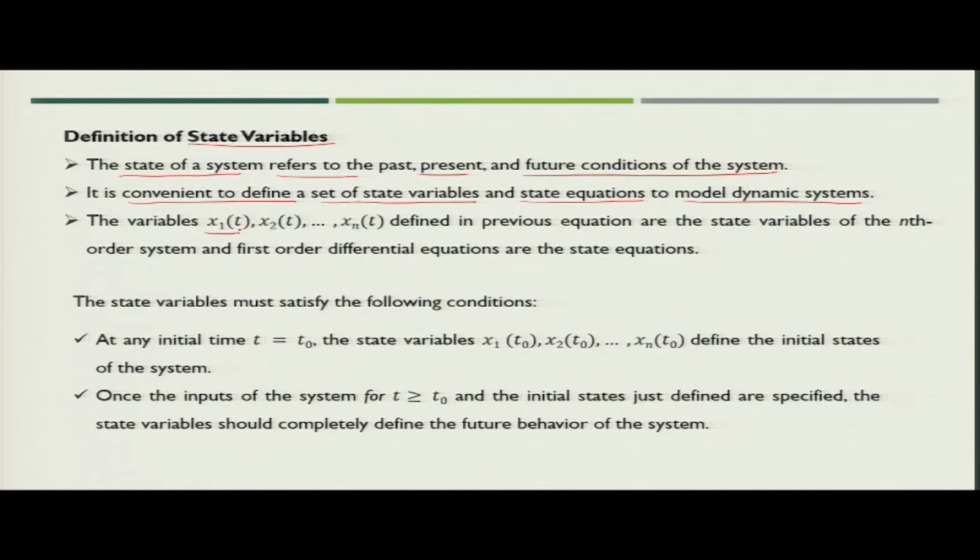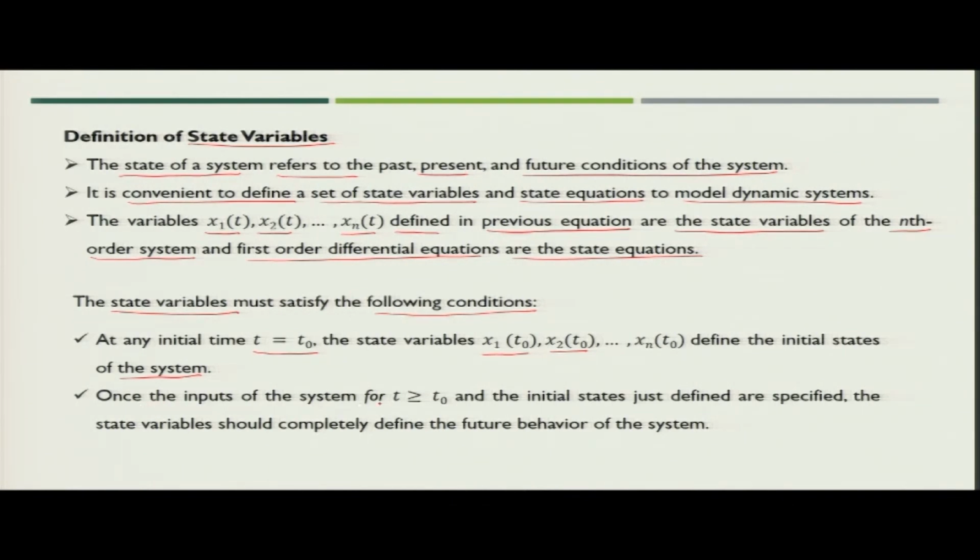Here, the variables which you have defined, x 1, x 2, x n, which define the previous equation, are the state variables of the nth order system, and the first order differential equations are the state equations. Now, what is the definition of state variable? State variables must satisfy the following conditions. At any initial time t equal to 0, the state variables x 1 t naught, x 2 t naught define the initial states of the system.